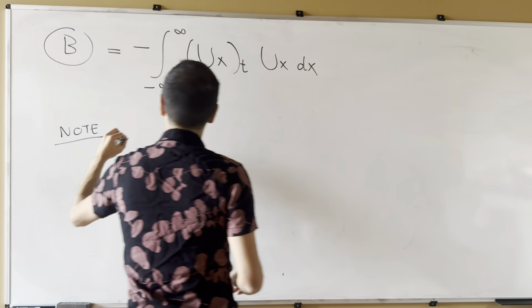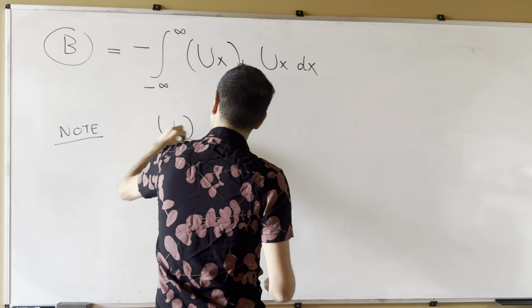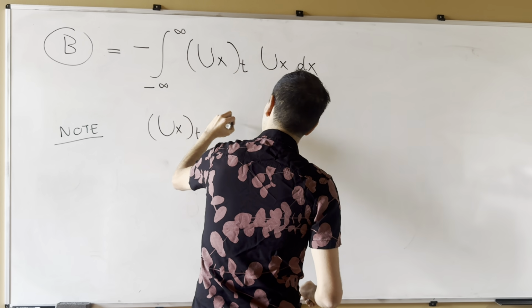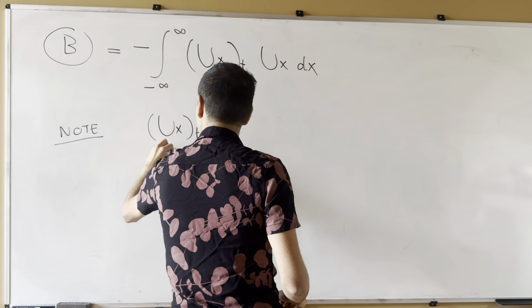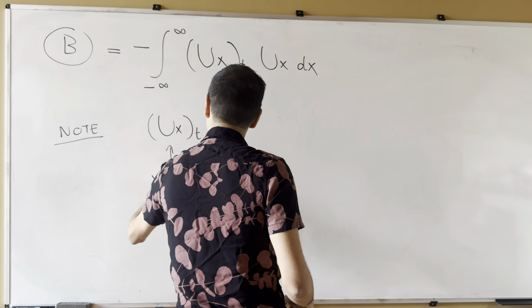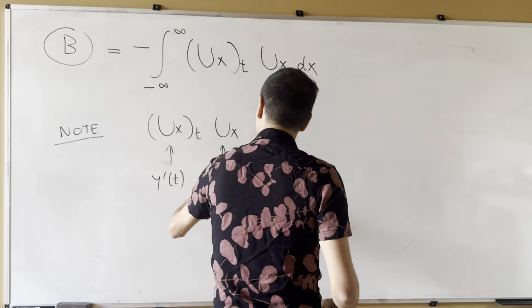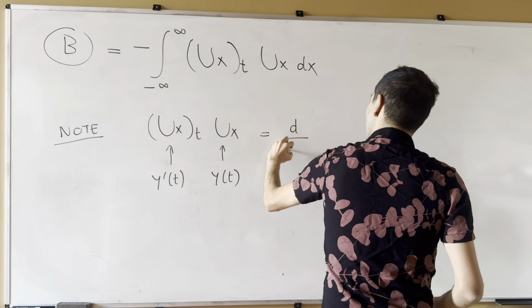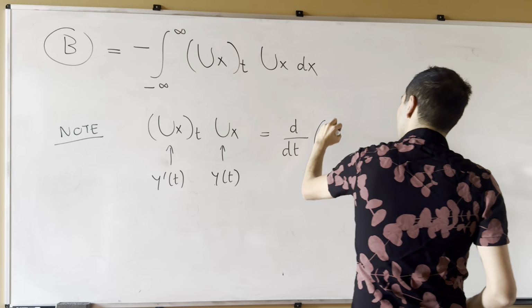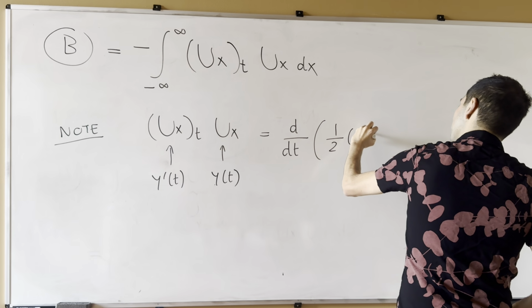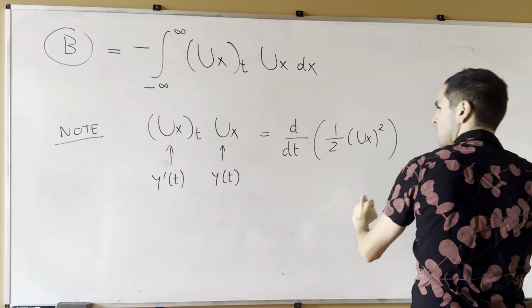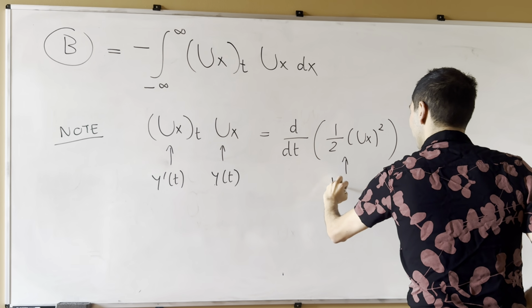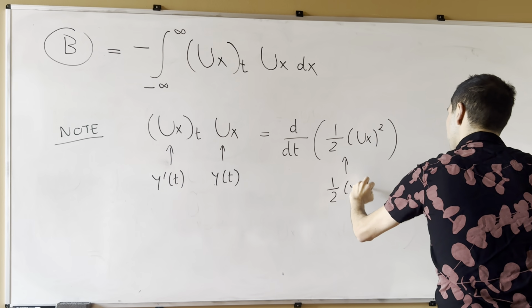Because note, uxt and then times ux, that is once again like y prime of t times y of t, and that becomes d over dt and then 1/2 ux squared, because that is the 1/2 y of t squared.